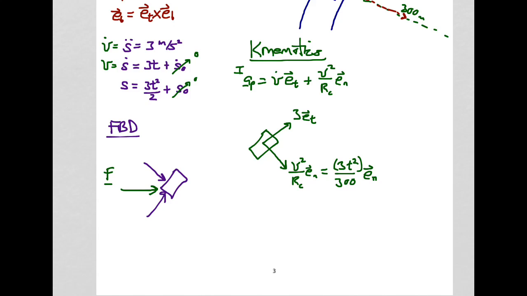This is not Coulomb friction, this is static friction. And so our friction force model is equal to μs multiplied times the normal force. And so we know that this is going to be μs mg.